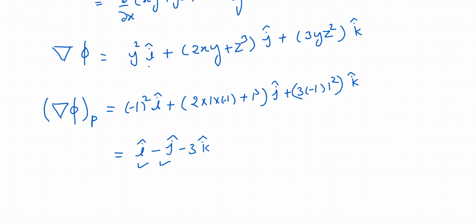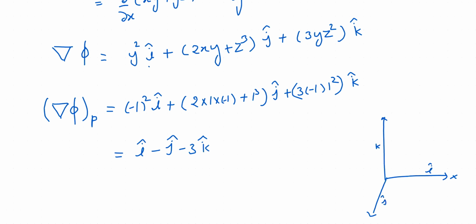Now you remember these i cap, j cap, and k cap unit vectors? Actually, I didn't revise that. That also I can't remember. It's okay. See, when I'm telling you: along the x-axis we take i cap, along the y-axis we take j cap unit vectors, and along the z-axis we take k cap.